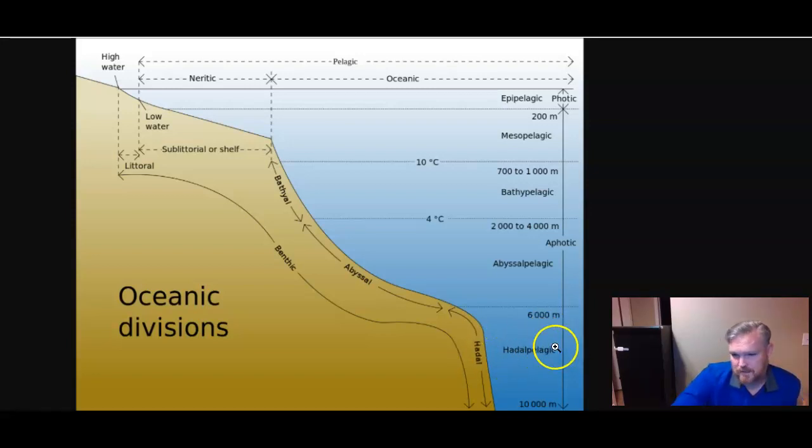The amount of money that is needed to accomplish such a feat, because of all the pressure involved, is pretty extraordinary. He obviously has that amount of money and was able to accomplish that feat. Last time anybody got close was in the 1950s, and then he went back and actually touched bottom there with his own little submersible that he built. So look that up, Challenger Deep, if you want.